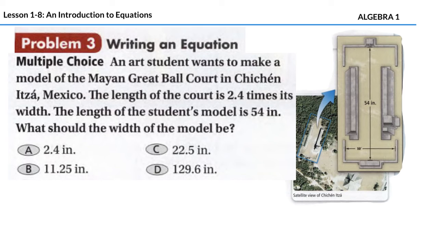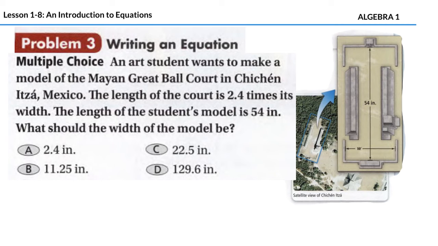So let's first write down an equation. Now in a real world scenario, the word "is" indicates equality. The question says the length of the court is 2.4 times its width.